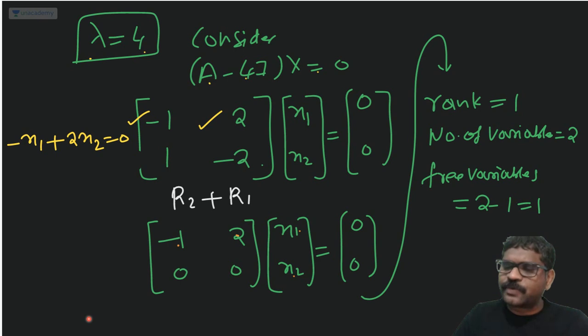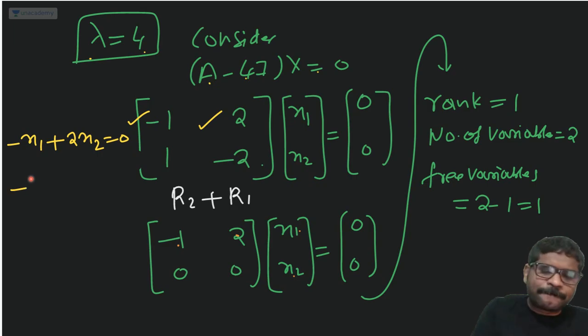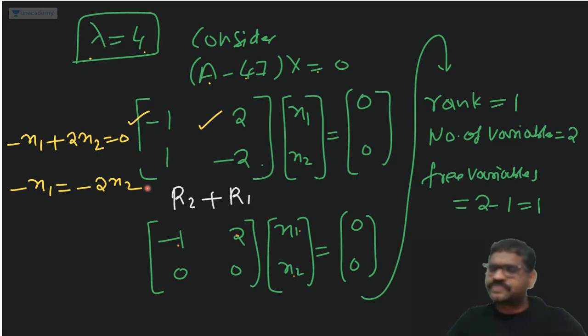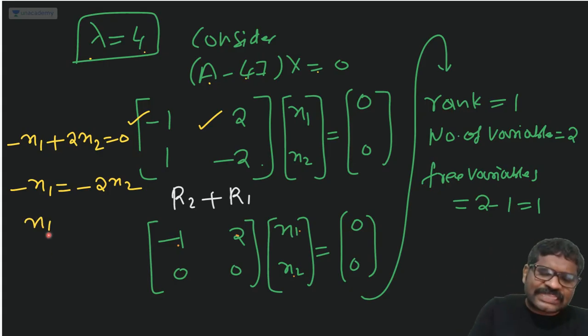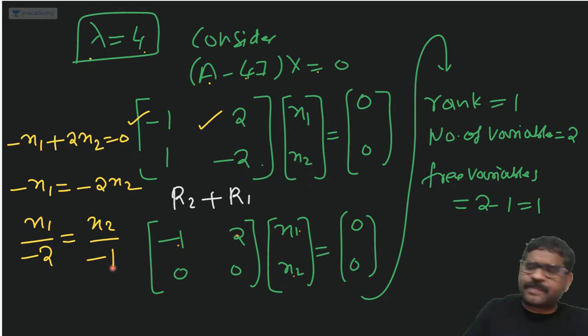Okay. Now separate variables. Minus x1 equal to minus 2x2. Now x1 by minus 2 equal to x2 by minus 1. How?